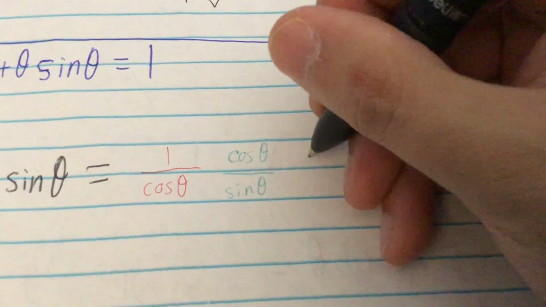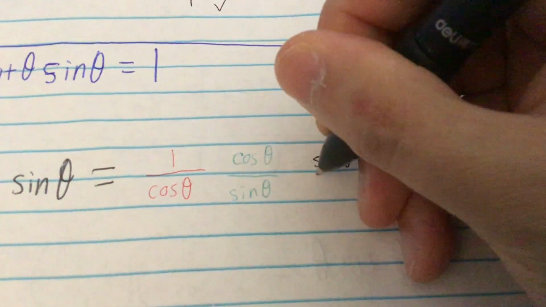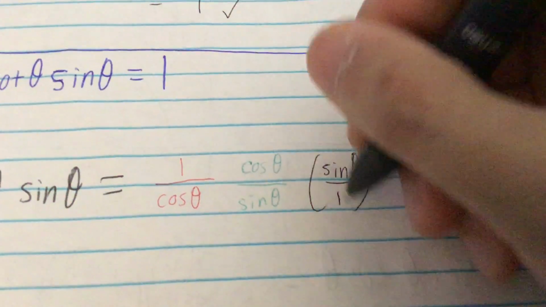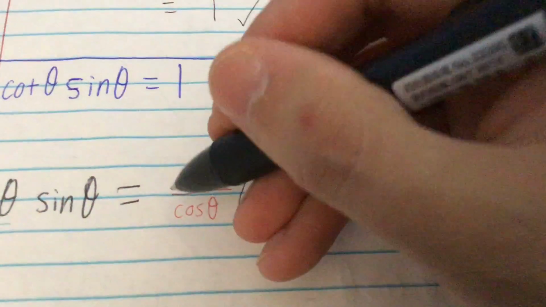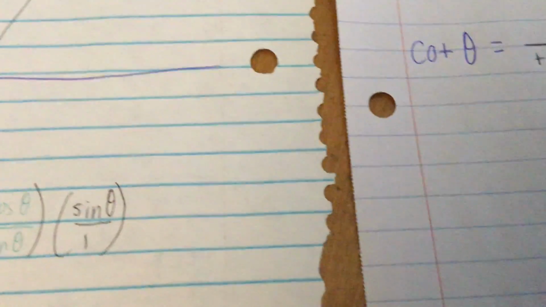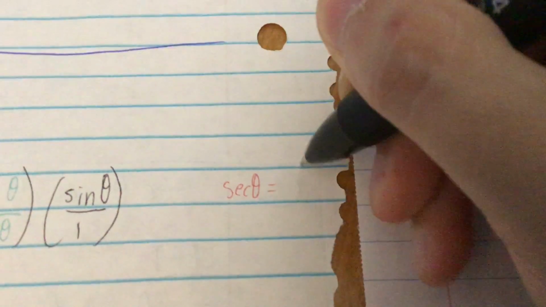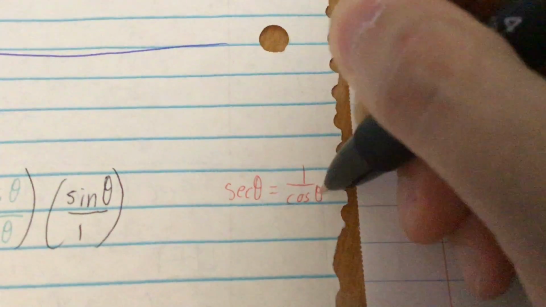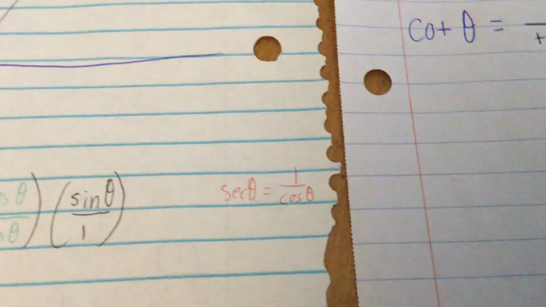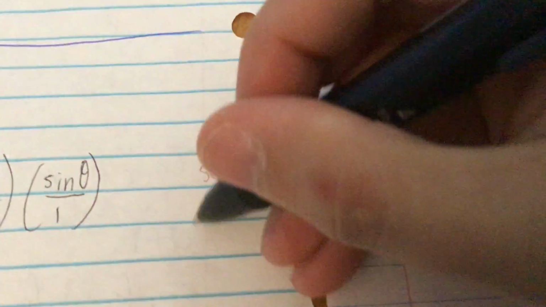But you know what I can do is I can make this sine of theta over 1. And again, I'm just going to cite my rule on the side just to make sure that we're clear. Secant is equal to 1 over cosine. And cotangent is equal to cosine over sine.